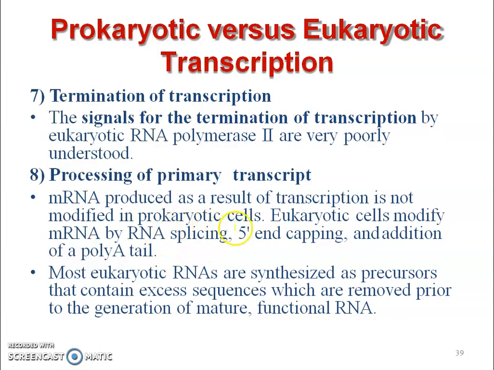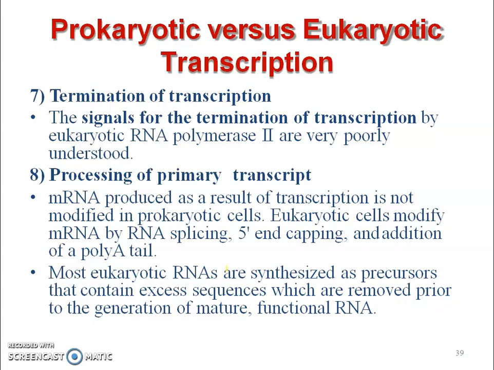Most eukaryotic RNAs are synthesized as precursors that contain excess sequences which are removed prior to the generation of the mature functional RNA. So those things which are not required are removed from the RNA. That is the end of the slides. So here transcription ends.